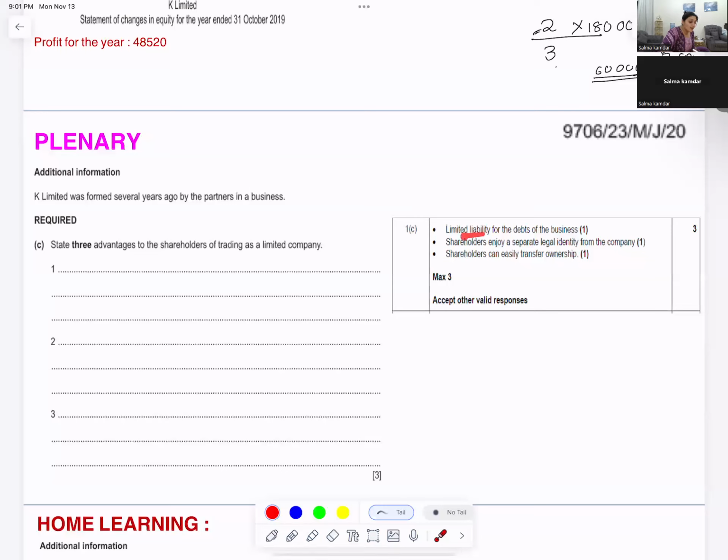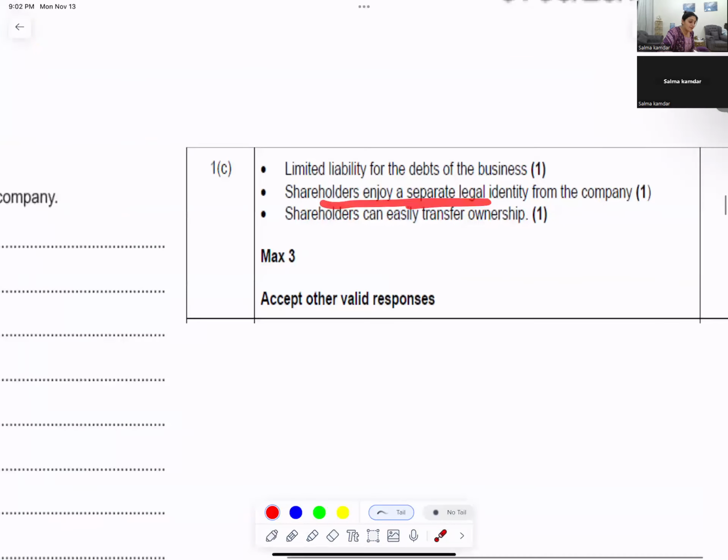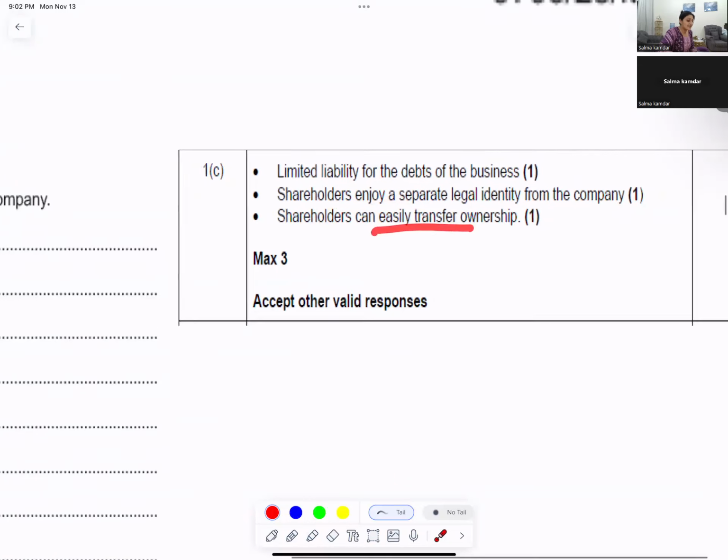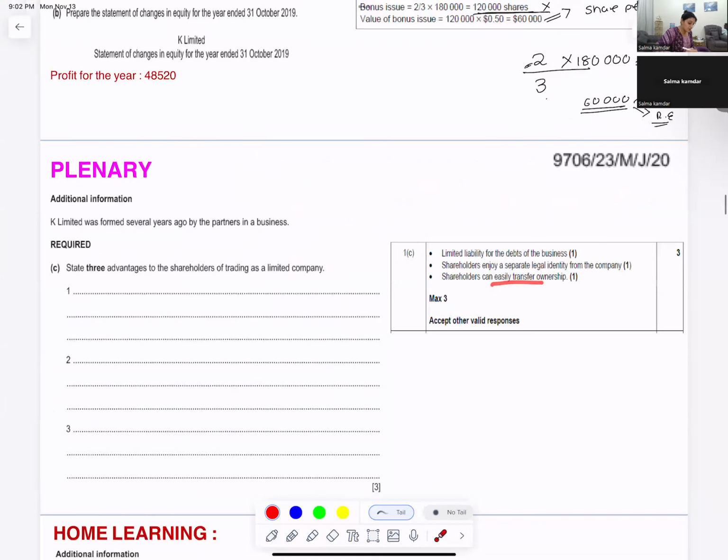So the shareholders are not liable for the debts of the business. Shareholders will have a separate legal identity which is different from the company, and shareholders can sell their shares easily. So they can easily transfer their ownership.